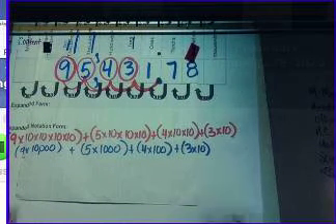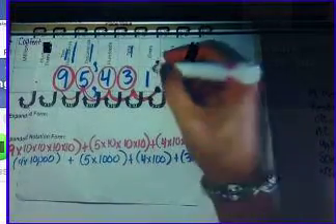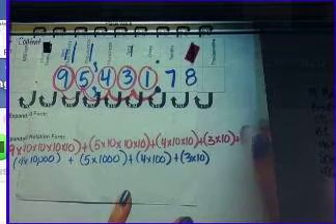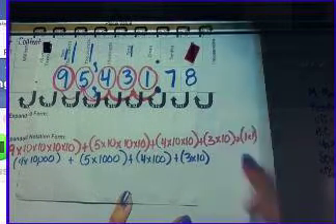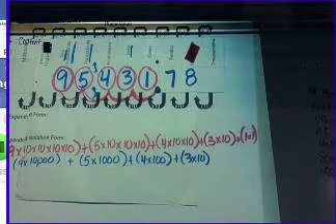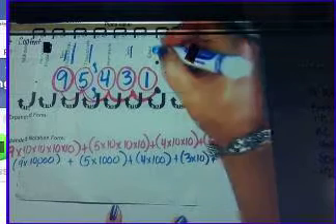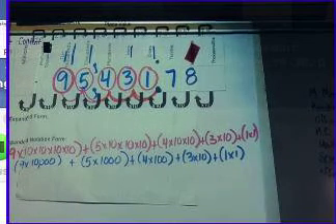Then we go into my ones. So we write our digit. We have plus 1 times, we don't jump anywhere, so it would be 1 times 1. Plus 1 times the value. 1 times the value is the ones.